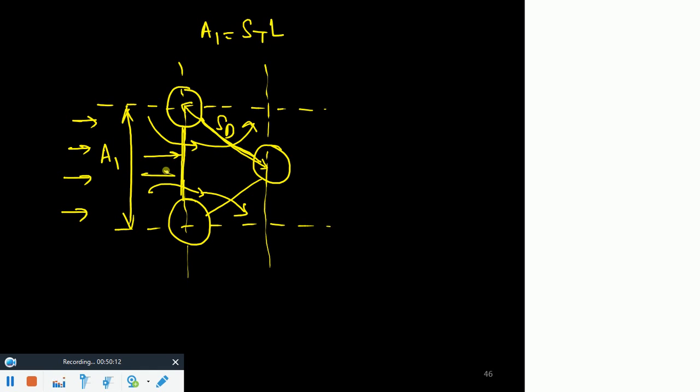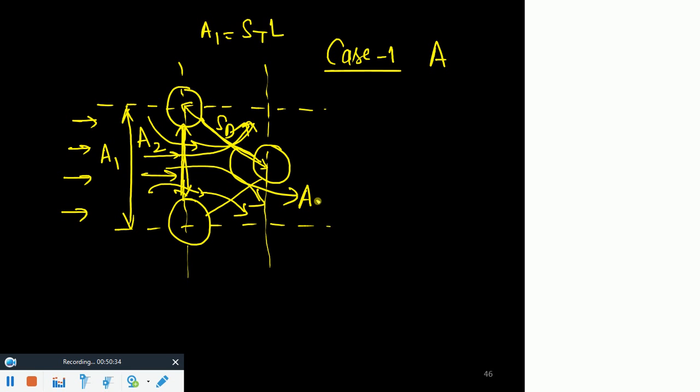Whatever is coming in, I can assume it is evenly distributed into these two. So there are two cases. Case 1: this area I would say is A2, and consider this other area as AD.